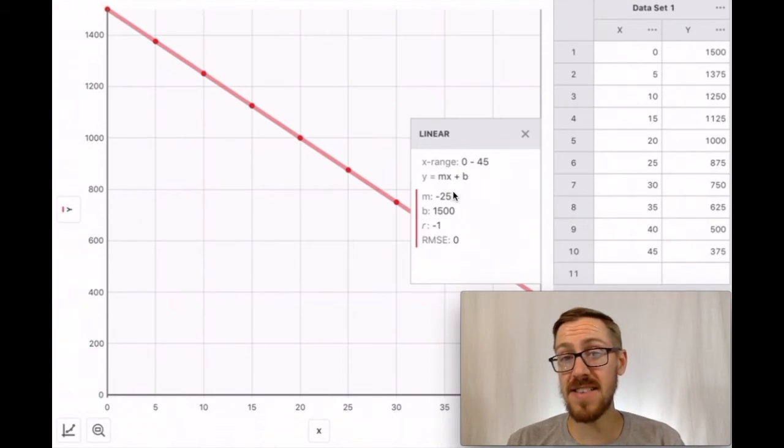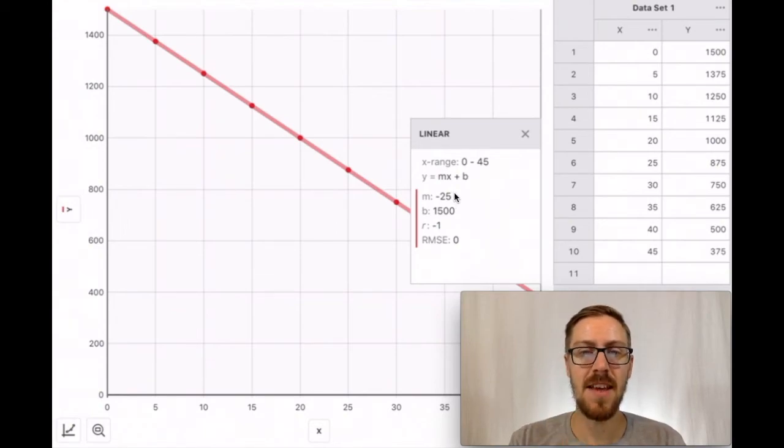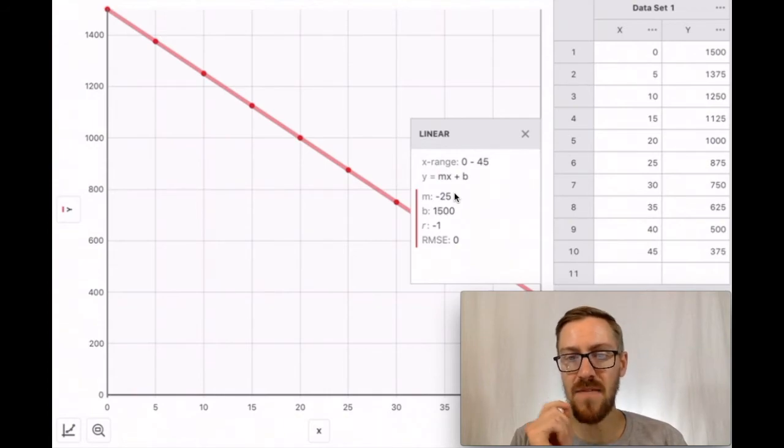So this is our fastest car yet. Our number is 25 centimeters, which means each second the car gets 25 centimeters closer to the observer, which is usually us, and it starts at 1,500 centimeters.